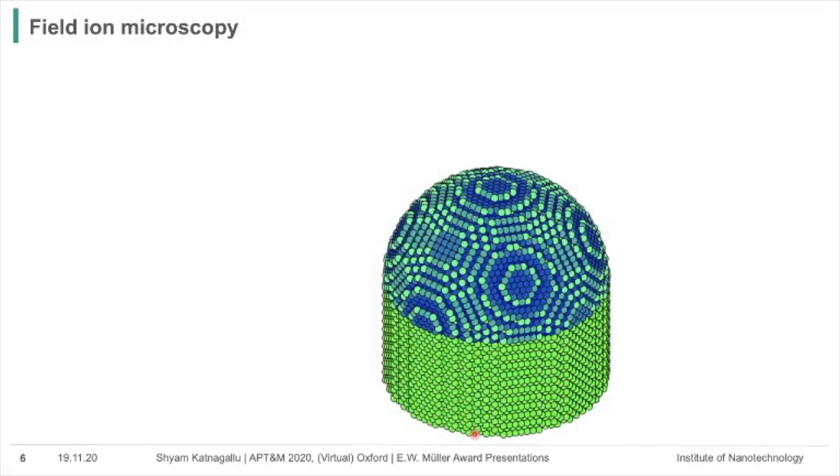When we do that, we end up with features called terraces. This happens because atoms in crystalline materials have to sit at their lattice positions, and since they have to sit at their lattice positions, they cannot form a smooth end form, and you always end up with these terraces pointing along the major crystallographic directions.